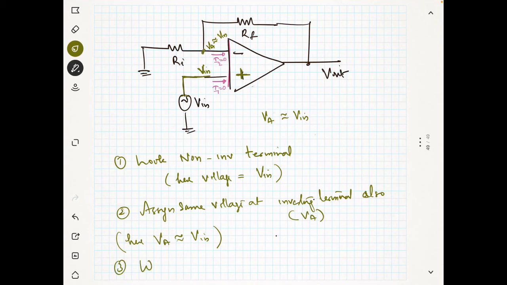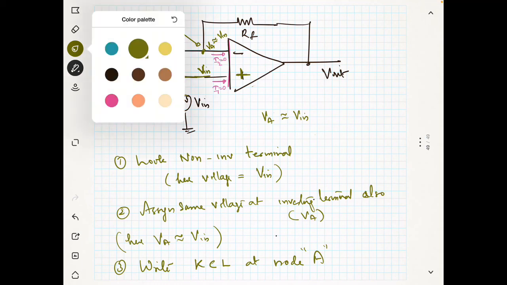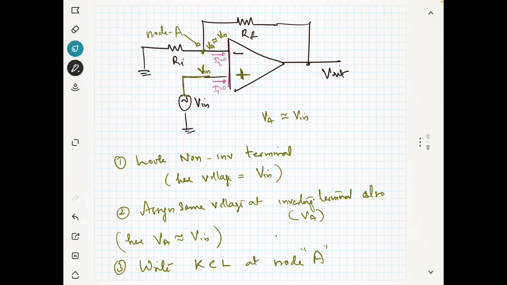Now write the KCL, Kirchhoff current law, at node A. This is node A. So I am going to write the Kirchhoff law. I will assume that all currents are leaving the junction.